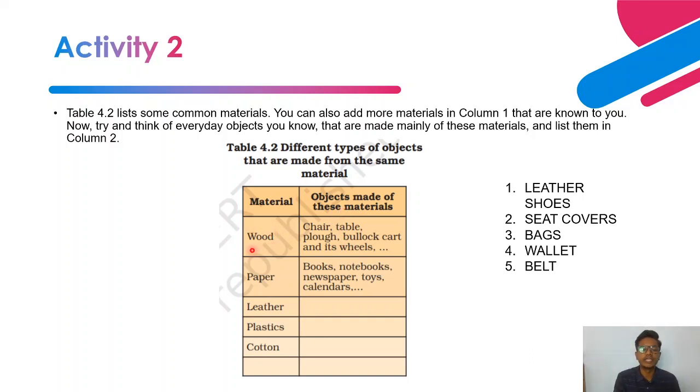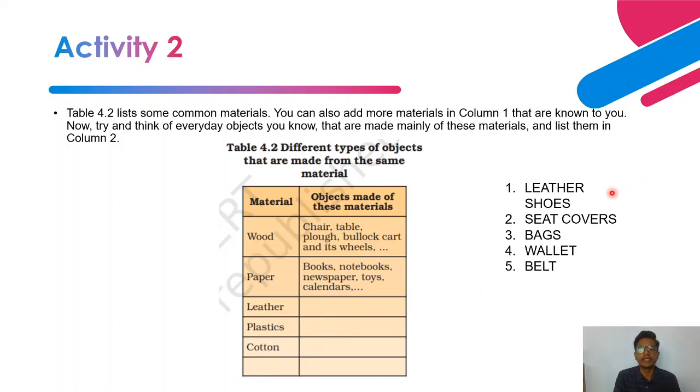For example, we take wood as a material. Then, of the objects surrounding us, which are made up of wood? We have to write chair, table, bullock cart and its wheel are made up of wood. Paper: books, notebooks, newspaper, toys, calendar, etc. So many things are made up of paper which we can write in this box. Similarly, for leather, we write leather material in this column.